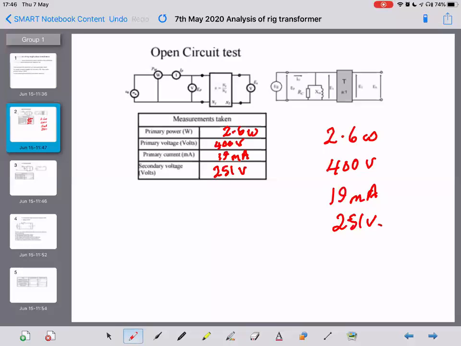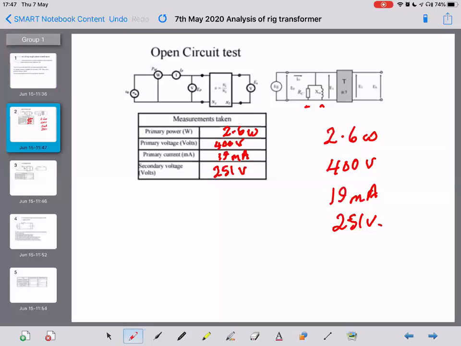Okay. So what we've got to do now is use those values to find the various pieces of data that will allow us to find the value of the two parallel components, RC and XM, in the transformer. So what do we need to do first, do you think?